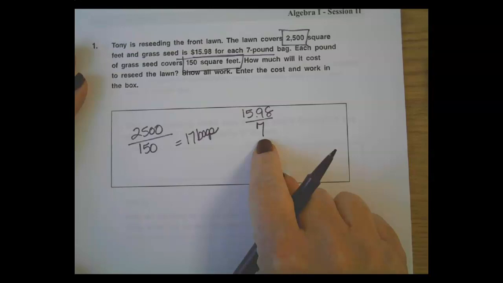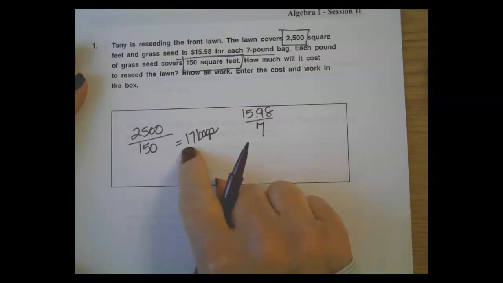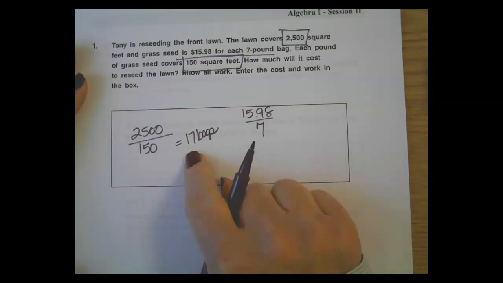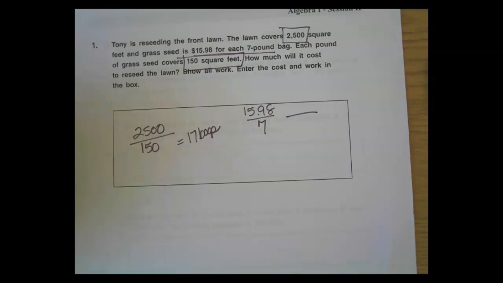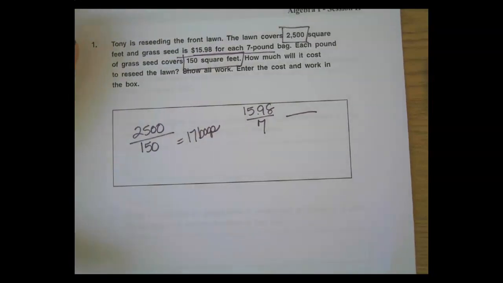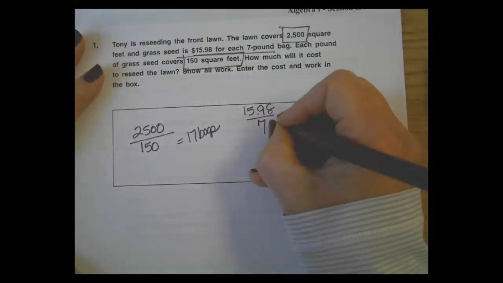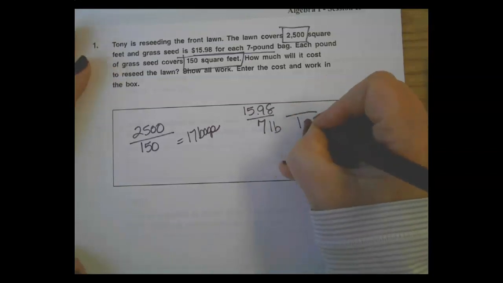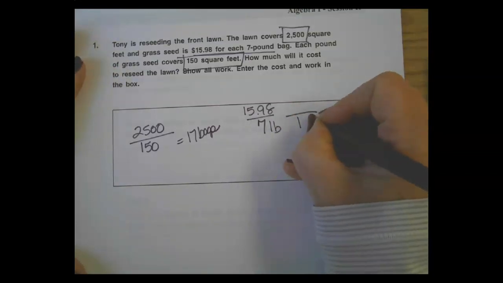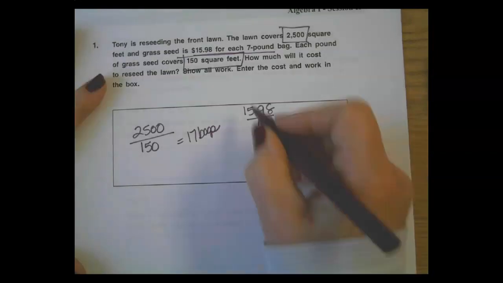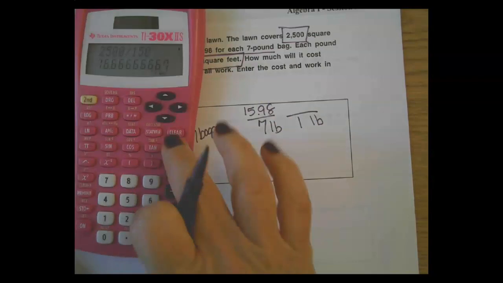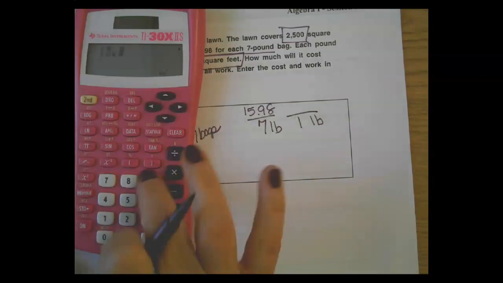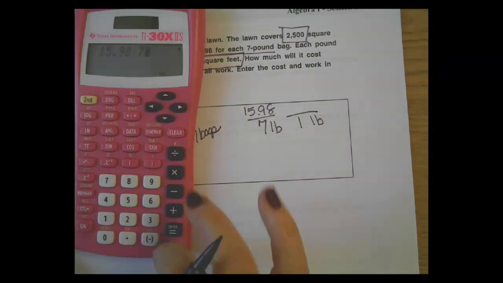You could think about 7, right? We need to get this to 1 pound. So this is 1 pound, 1 lb. Okay, so if I cross multiply, basically all you need to do is say 1598 divided by 7.